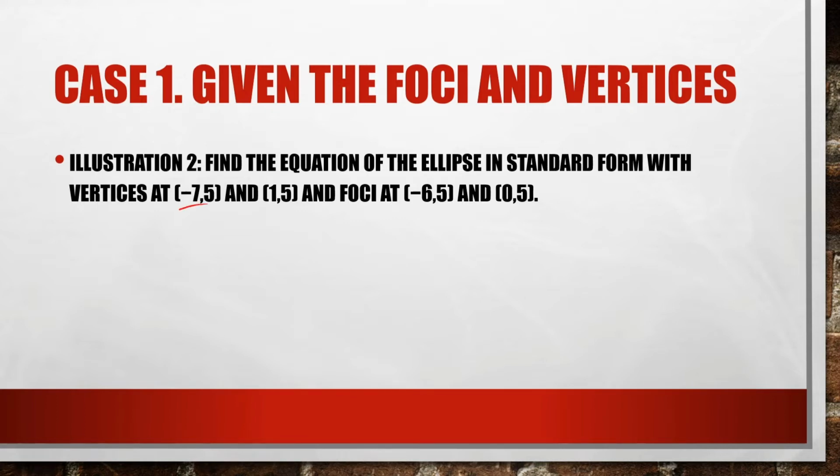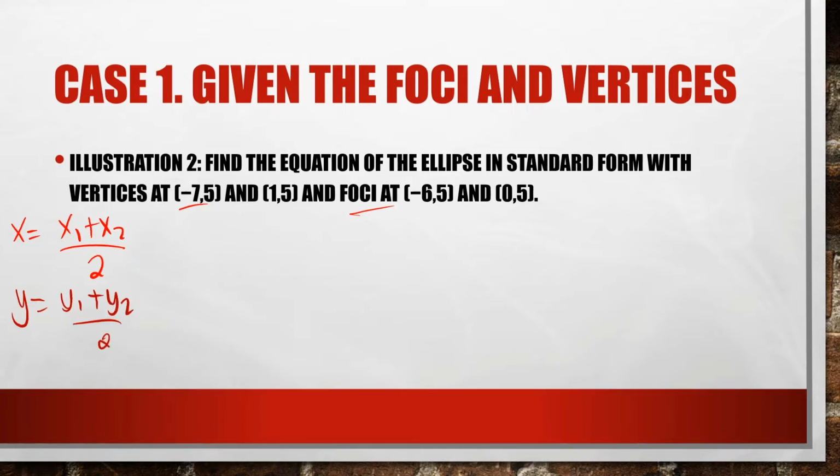Given yung vertices and yung foci. Midpoint formula muna para mahanap natin yung center. So, x is equal to x sub 1 plus x sub 2 over 2, and then yung y sub 1 plus y sub 2 over 2.